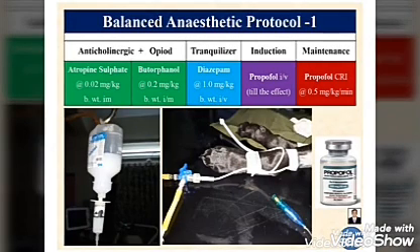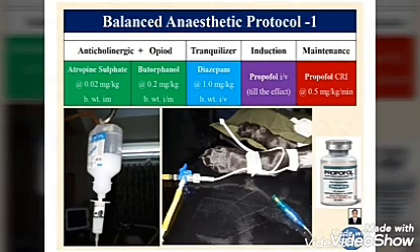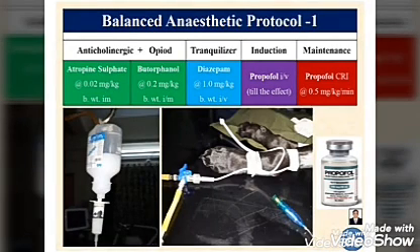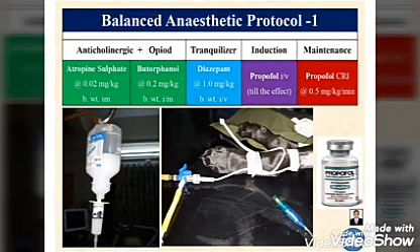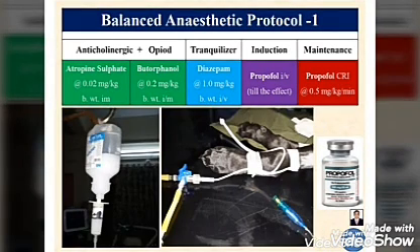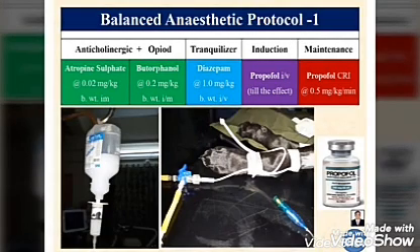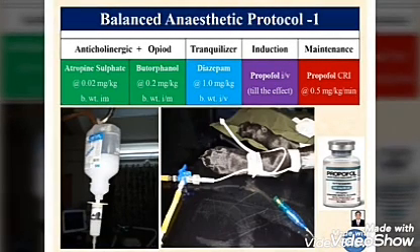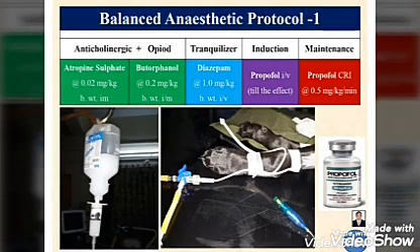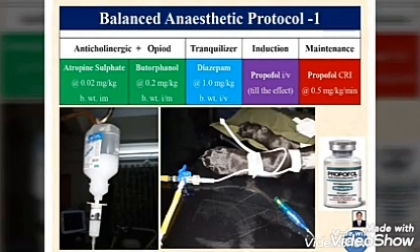The IV drip set can be adjusted according to the depth of anesthesia required, decided during the monitoring of the animal's response. As per the response, you can change the depth of the anesthesia. You increase or decrease the flow rate, but generally it is fixed at a continuous level.